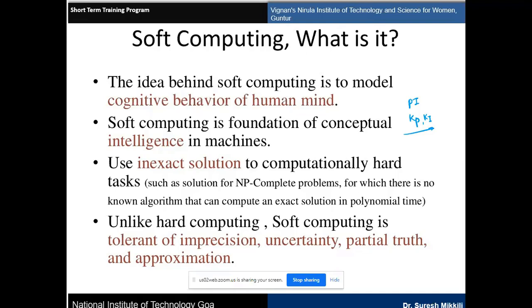When dynamic changes happen, if you fail to change Kp and Ki values, it will become useless. But in fuzzy logic, as I have just shown you in the results, it is automatically adaptive in nature. Neural networks are also adaptive in nature. Soft computing is tolerant of imprecision, uncertainty, partial truth, and approximated values. So soft computing is called approximate reasoning.